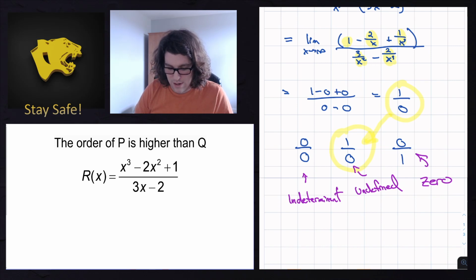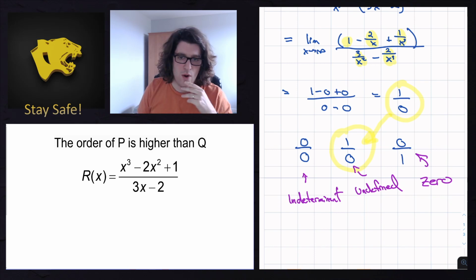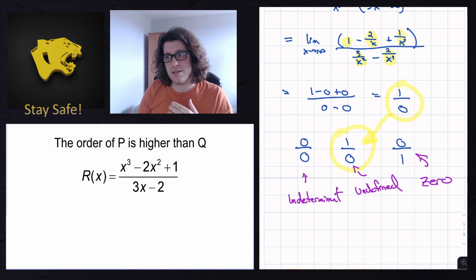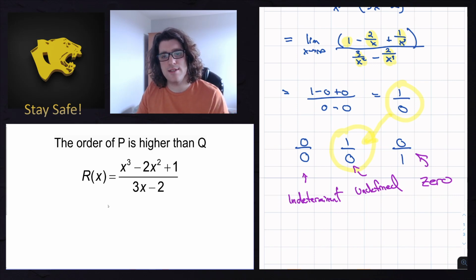So the undefined situation can come from this thing either approaching a positive infinity or this thing approaching negative infinity. Now, probably the easiest way to determine whether it's going to be positive or negative infinity is to look back at the original statement and say, which term here matters the most?